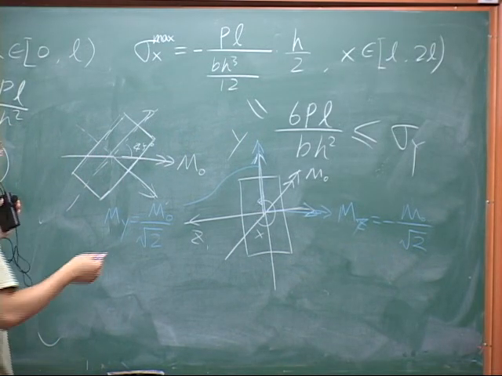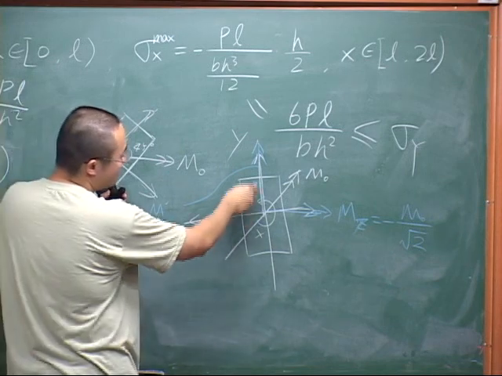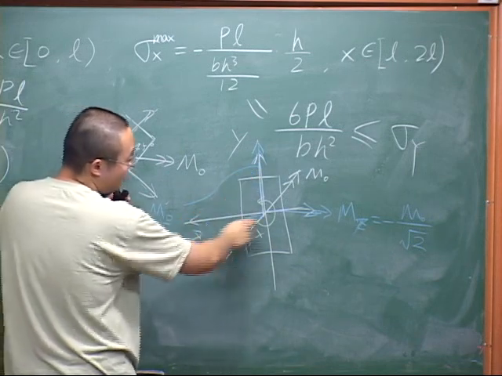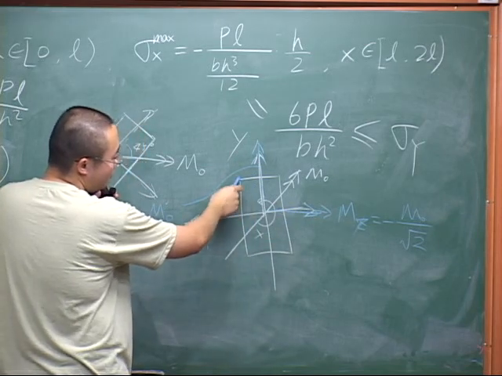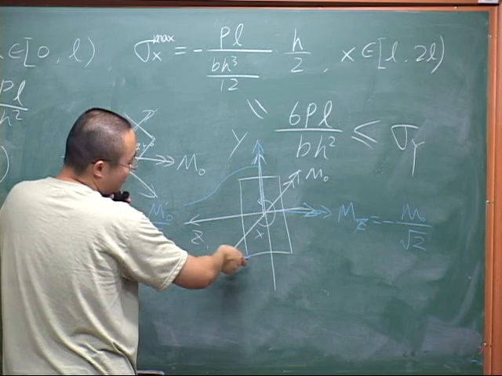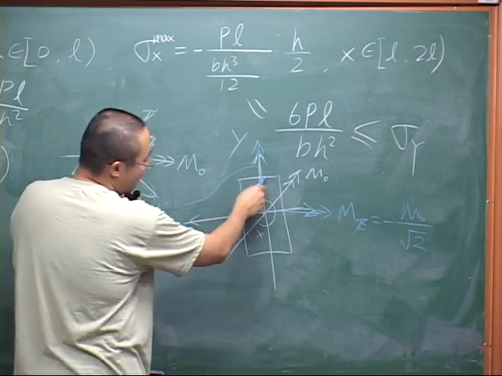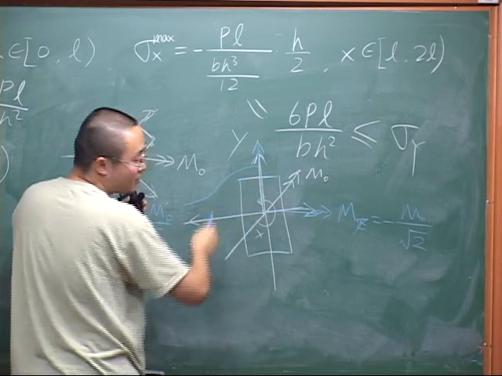And just imagine under this kind of bending moment, if we only consider the bending moment along z direction, we will find that the upper surface is under tension while the lower surface is under compression, and this is where the maximum stress is, right?